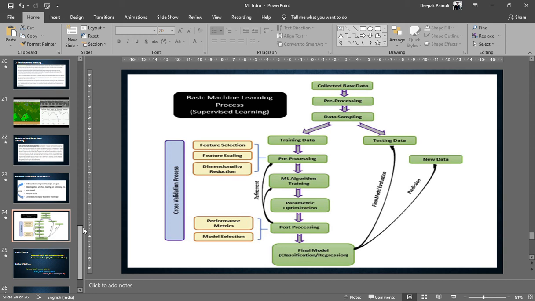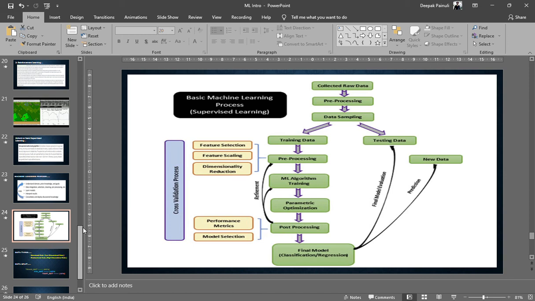So that's why parametric optimization comes into play, right? In this case, we optimize our machine learning algorithm parameters on different bases, and after optimizing, only then can we post-process our model. That means we can check our model on performance metrics like accuracy. There are different KPIs and performance metrics on which any ML algorithm will be benchmarked, right?